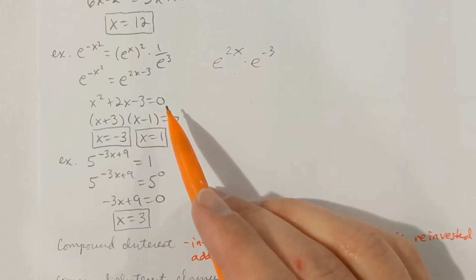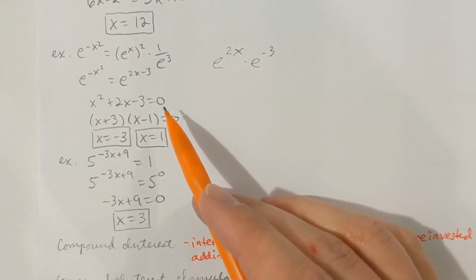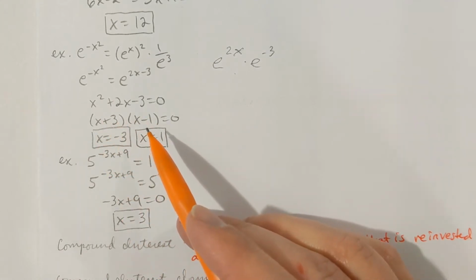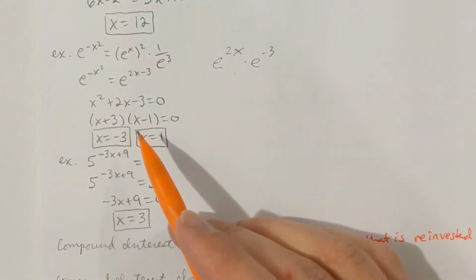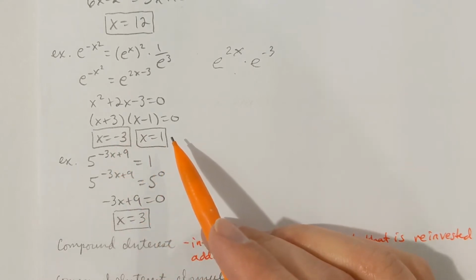We did lots of things with quadratic equations in Chapter 3. Knowing that this is a quadratic means that the next thing is to factor. This one will factor nicely. When you set the factors equal to 0, you get x equals negative 3 or x equals 1 as the solutions to that equation.